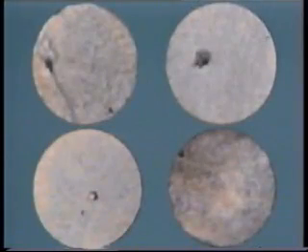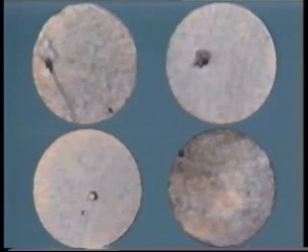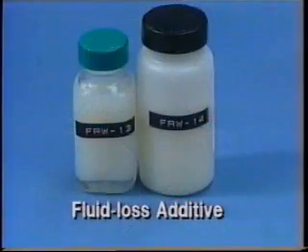The erratic nature of this phenomenon makes predicting acid etching patterns very difficult. Limiting the wormholes results in a more effective matrix acid treatment. Laboratory tests have shown that wormhole length is limited by fluid loss and not by acid reaction rate. Either a viscous emulsified acid or acid with a fluid loss material is effective.